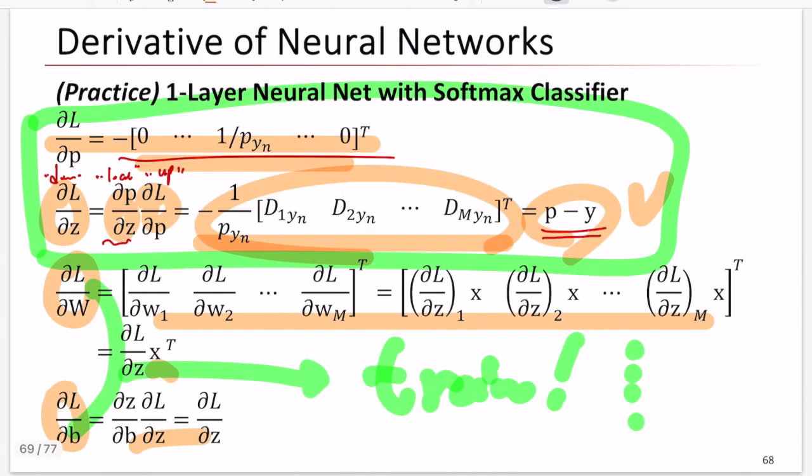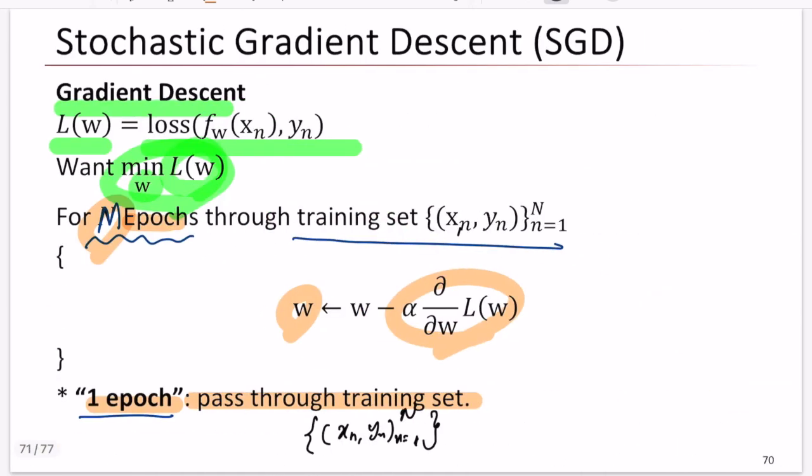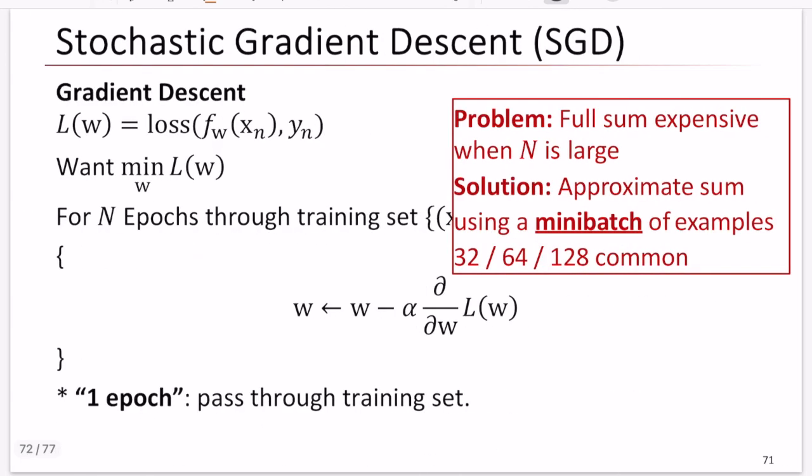Because the loss gradient is related to the whole training set. So this is the gradient descent update rule. But we face a problem: it's going to be very, very expensive when M is very, very large.